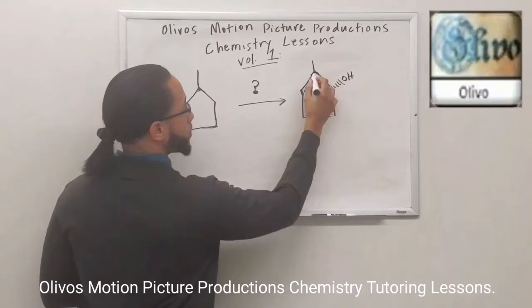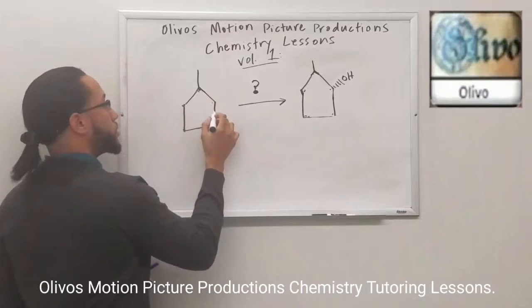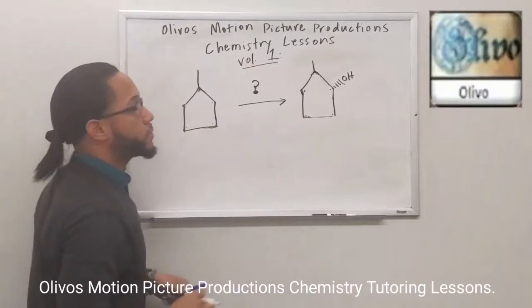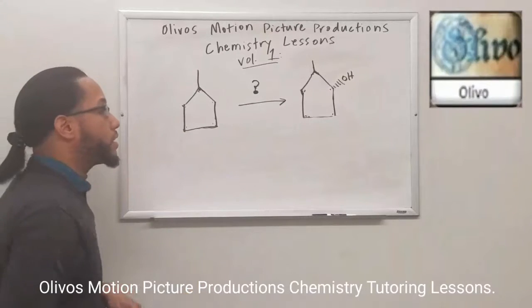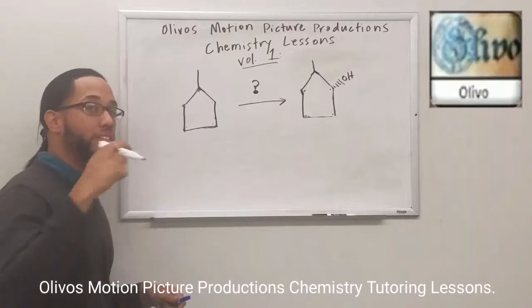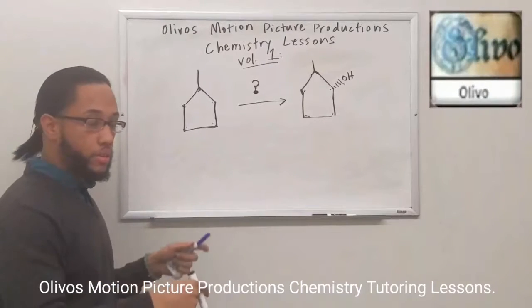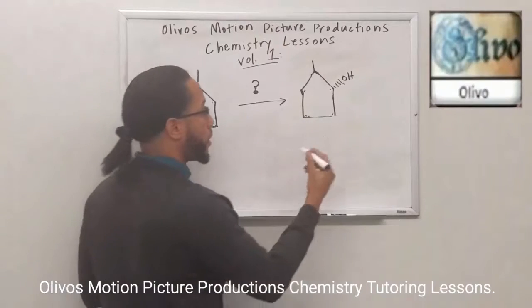So this is 1, 2, 3, 4, and 5. And 1, 2, 3, 4, and 5. Same number of carbons. Always count it, because even though they may look the same, it could be a whole different product just because of an addition or a subtraction of 1 carbon. So it's best to always count the carbons.